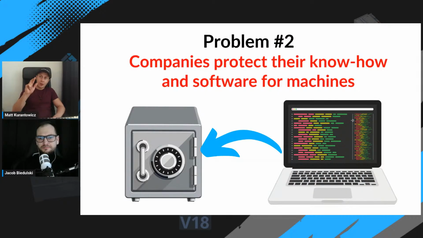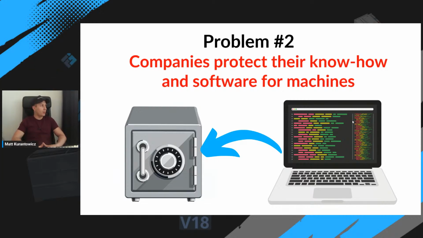Problem number two. Companies protect their know-how and software for industrial machines because this is money. If you program in Python or a different language, you can find everything on Stack Overflow or in ChatGPT. But when you program industrial machines, companies protect their know-how.